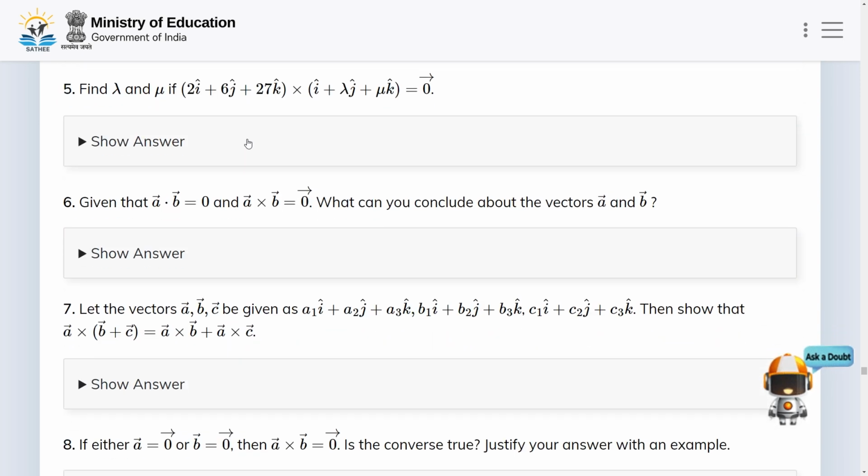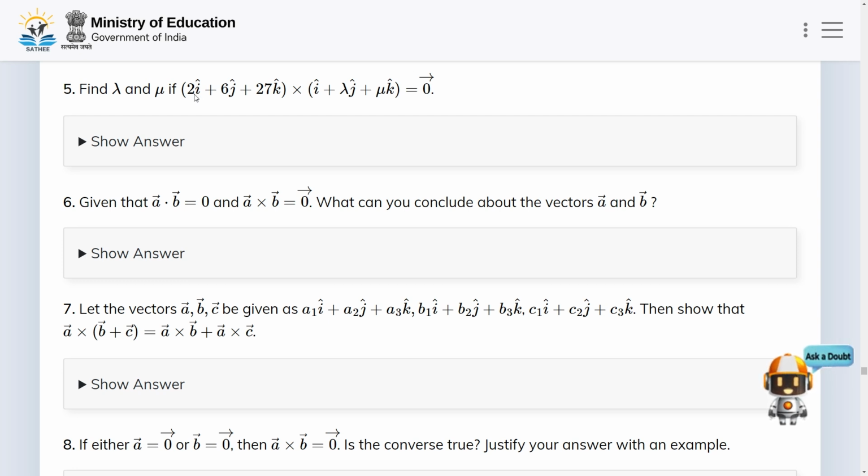Now, fifth problem. Find lambda and mu if the cross product of two vectors is given to you equal to 0 vector. So after finding the cross product, you have to compare your corresponding scalar components, then you will get your lambda as well as your mu value.